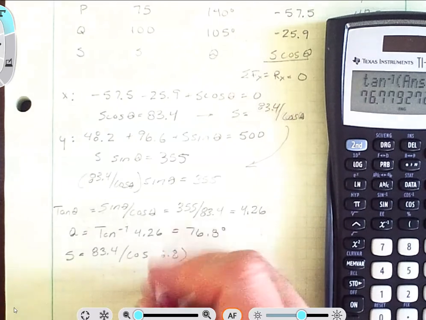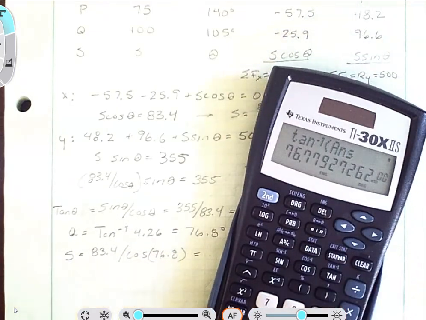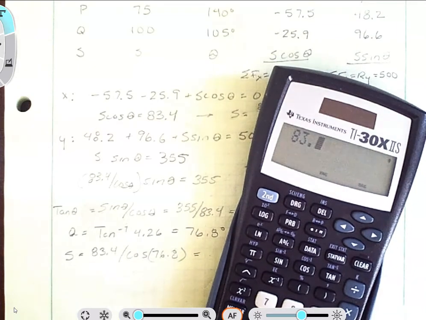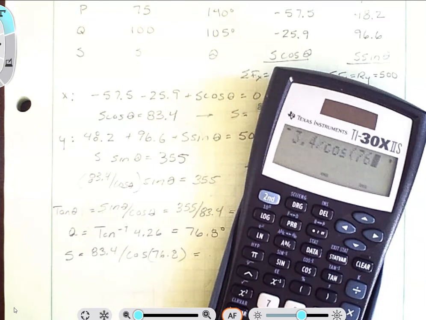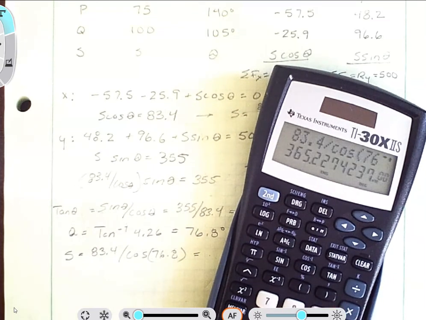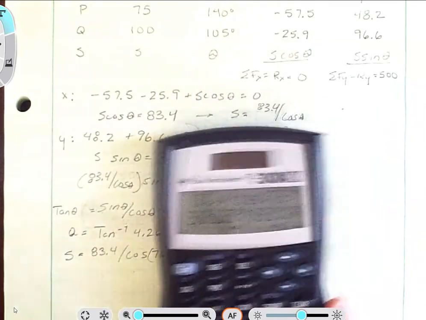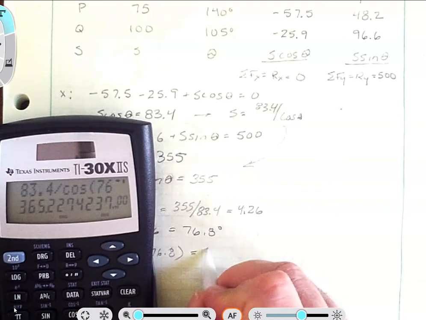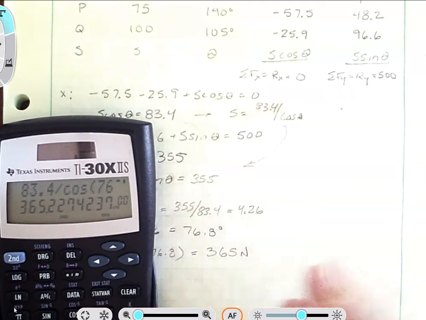So we put that right in there. 83.4 divided by cosine 76.8. And we hit equals. And we get a value of 365. And that, of course, would be newtons.